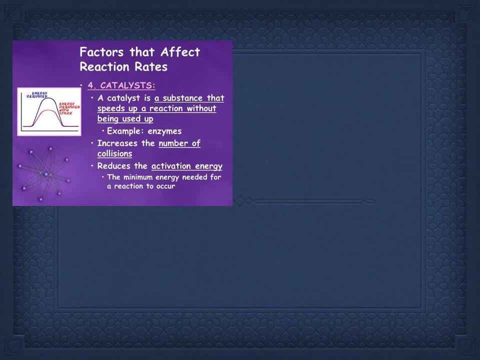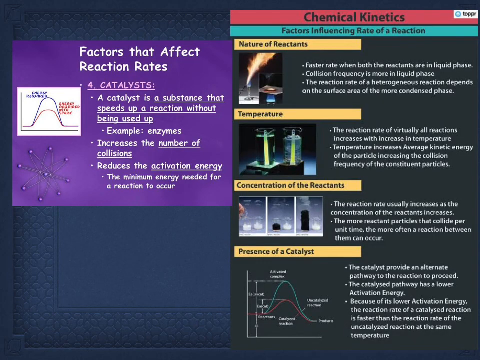But no chemical change takes place in manganese dioxide in this reaction. That means the substance in whose presence the rate of a chemical reaction changes without causing any chemical change to it is called a catalyst. For example, enzymes reduce the activation energy, the minimum energy needed for a reaction to occur.